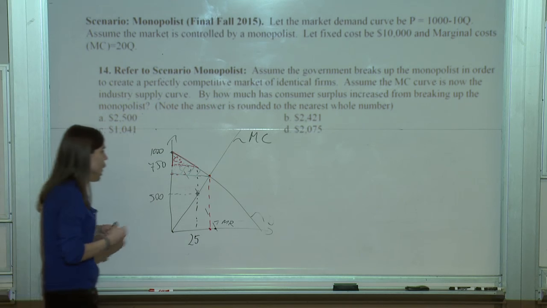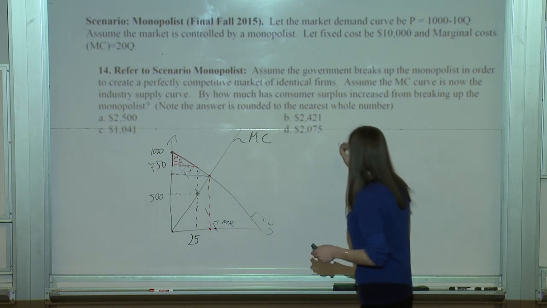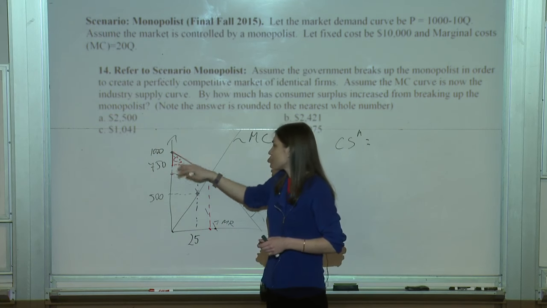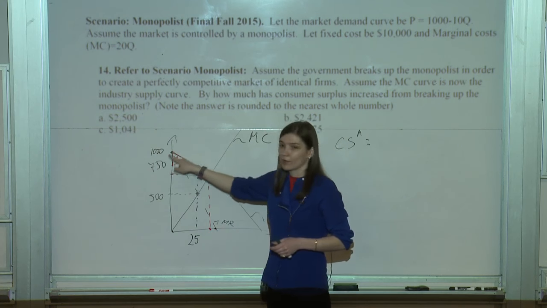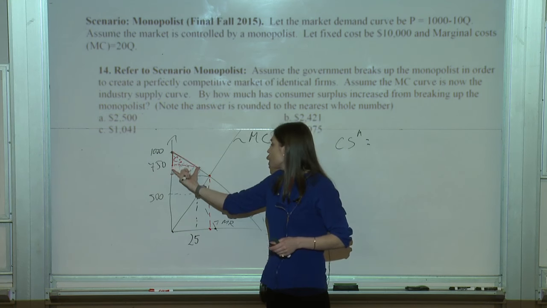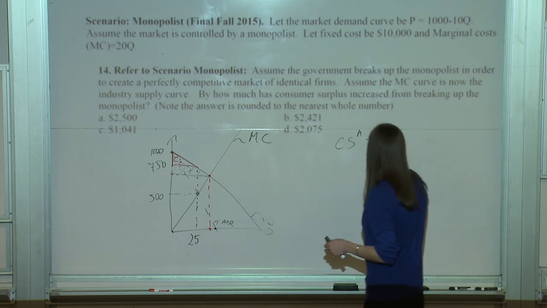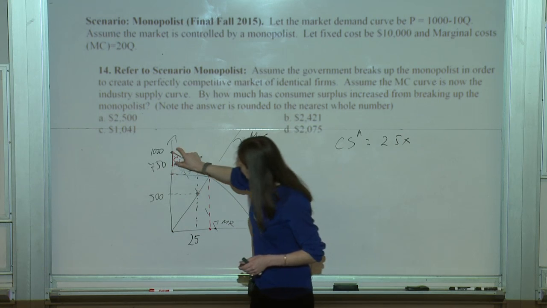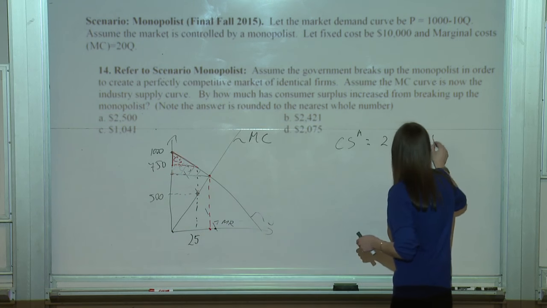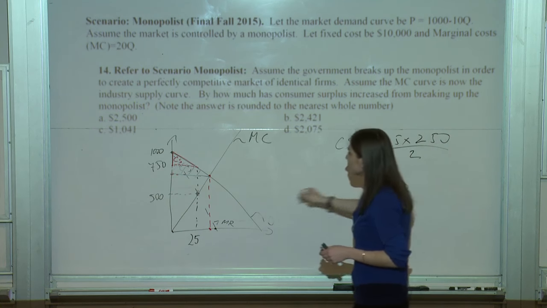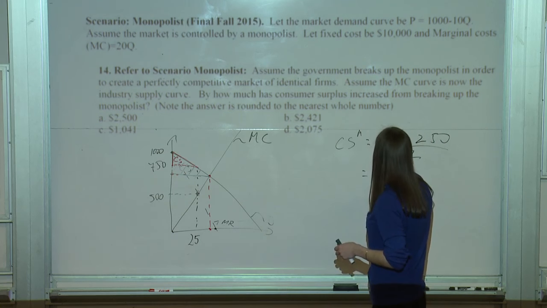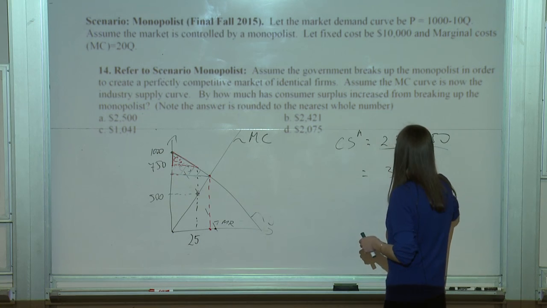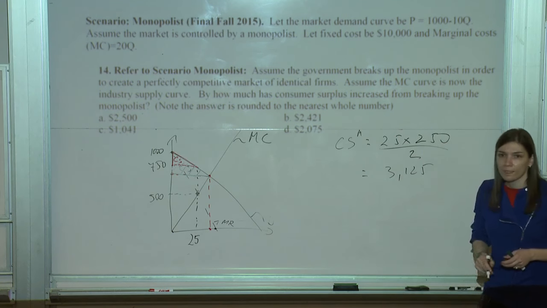So the question here is, by how much has consumer surplus increased in comparison to monopoly when we have perfect competition? So consumer surplus in monopoly is going to be, this is a right triangle, the area of this little red triangle here. All right? The right triangle, this side is 25. This side is what? 250, divided by 2, which is 3,125, I believe.